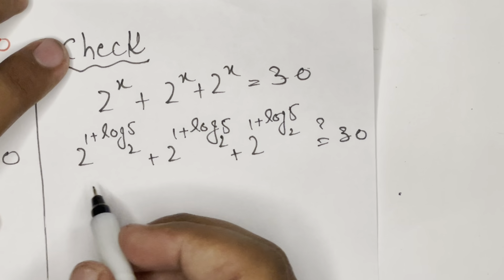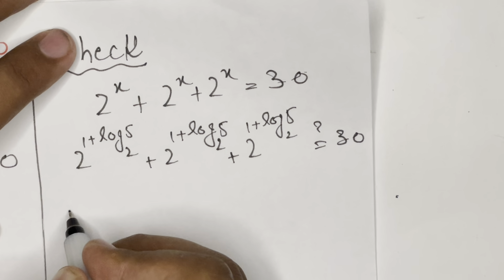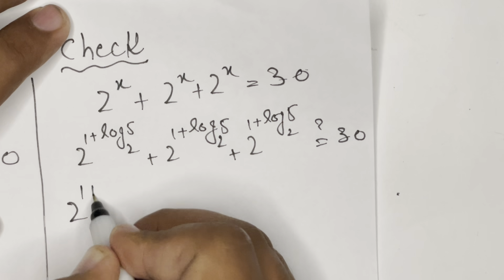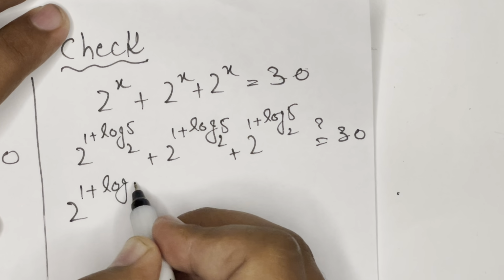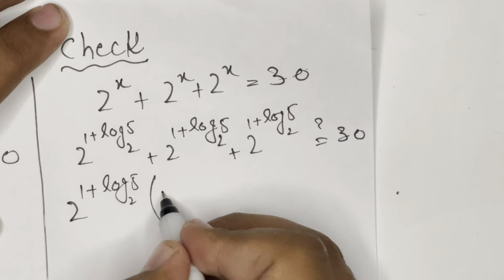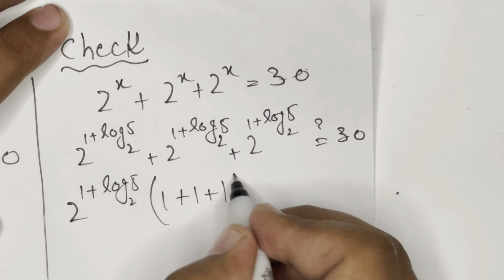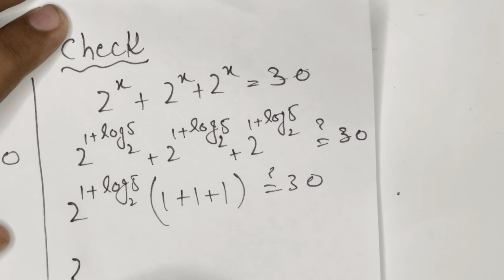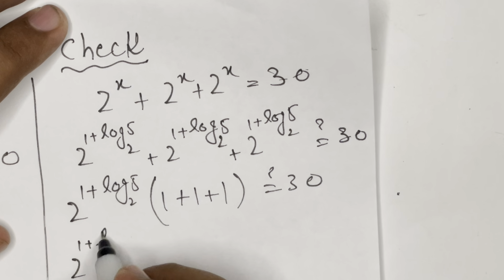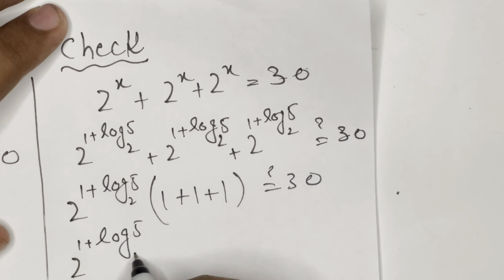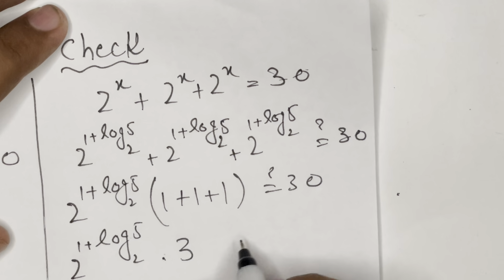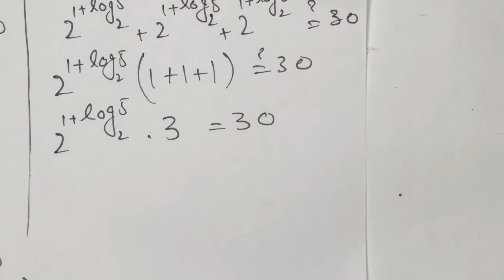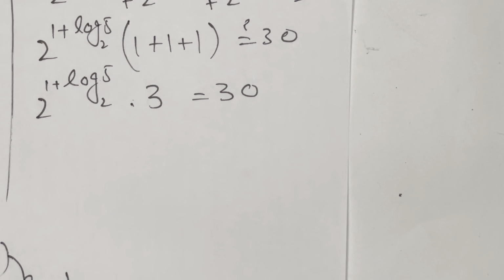So I am going to take common 2 power (1 plus log 5 with base 2) and (1 plus 1 plus 1) equal to 30, and I can write it like that: 2 power (1 plus log 5 with base 2) and 3 equal to 30, and the next will be like that.